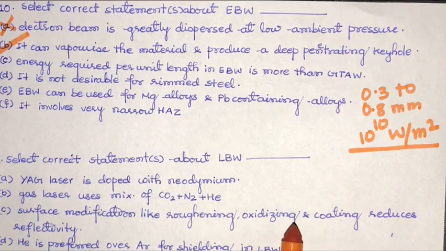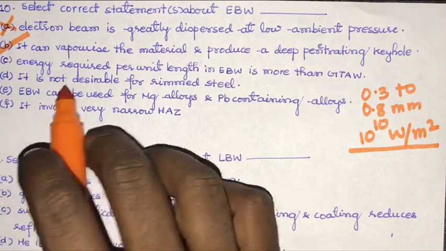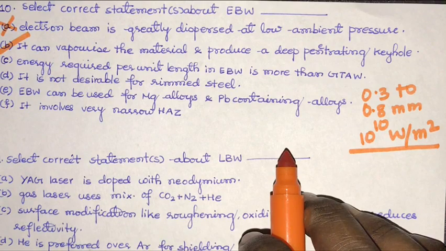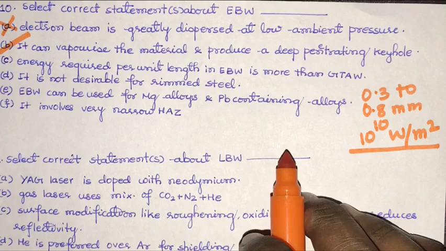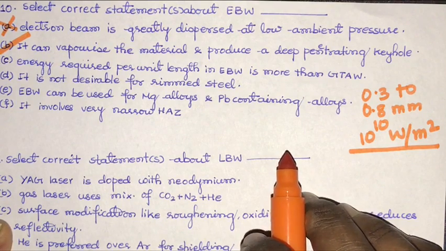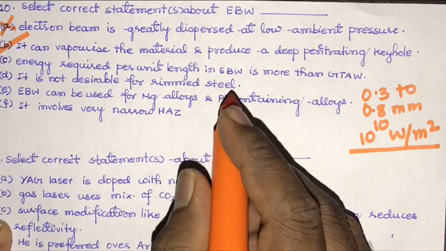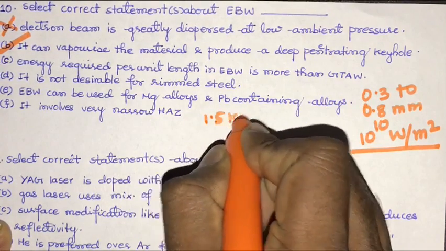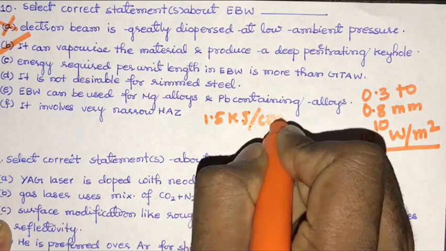Coming to the next, energy required per unit length in electron beam welding is more than gas tungsten arc welding. Okay, the energy required in electron beam welding is very low, that is 1.5 kilojoule per centimeter.